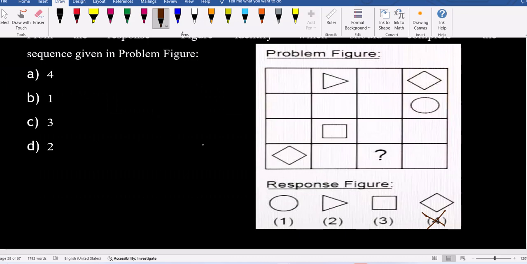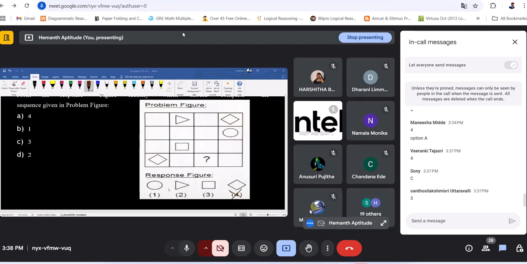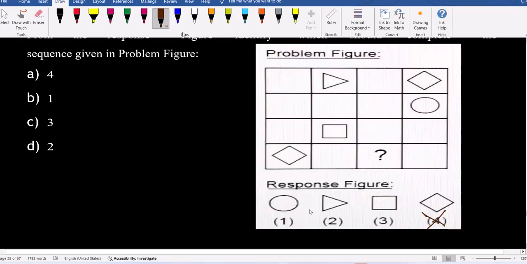Here C is 3, here also 3. Fine, matching. For this question, 3. See, some questions are getting two answers also. We cannot question them. There is a possibility to get two different answers as well.